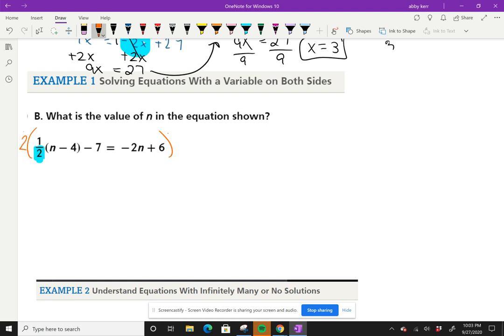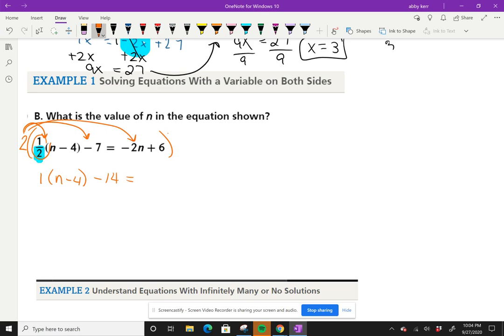Now, since that half is touching the parenthesis, I really just have to multiply that 1/2 by 2, which gets us 1. And then I don't have to touch anything in the parentheses because I just took care of multiplying there. Now 2 times negative 7, because it's outside the parenthesis, is minus 14.